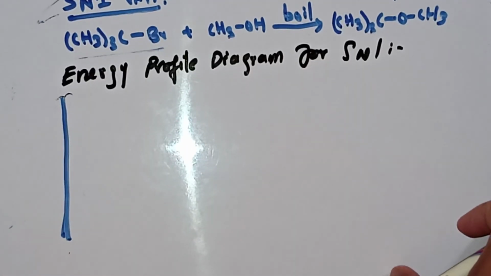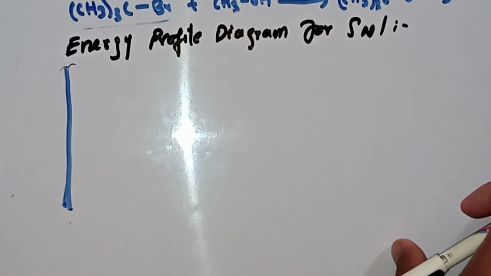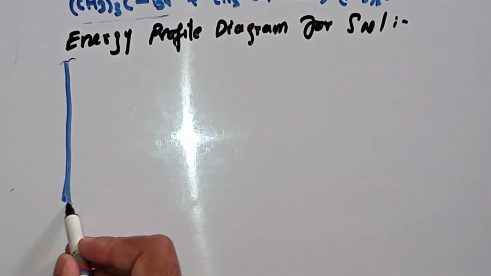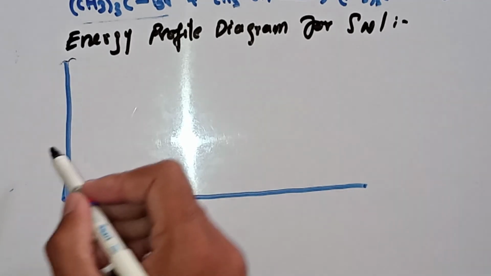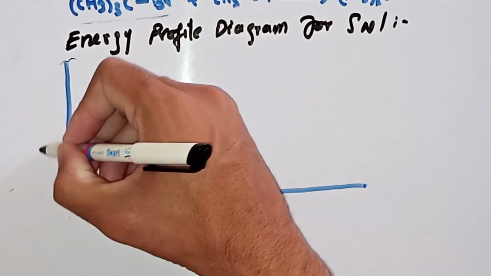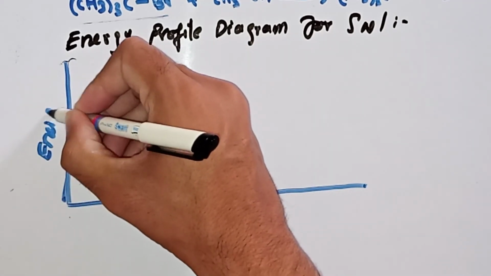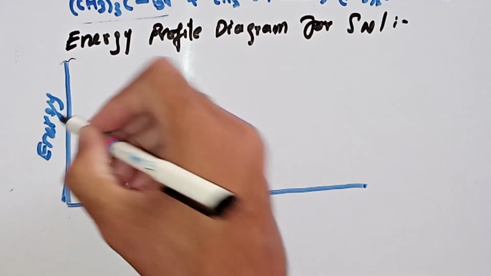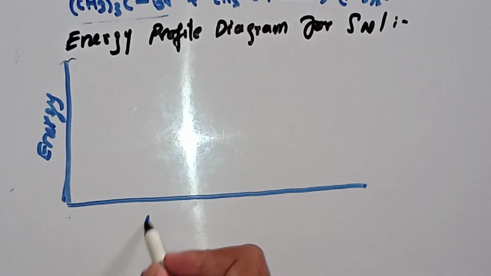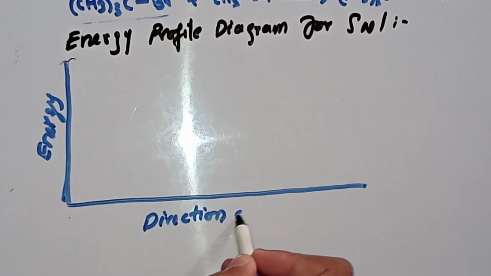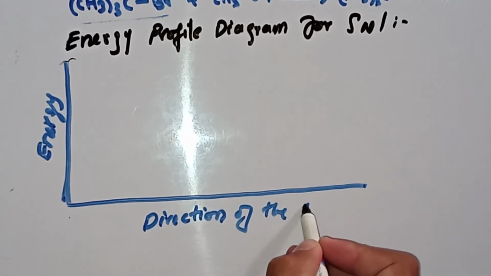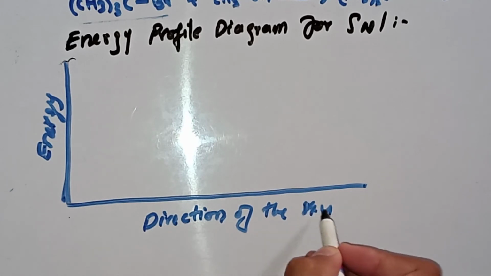This is the energy diagram, the reaction energy diagram for the SN1 reaction. This is energy, and this is the direction of the reaction completion.